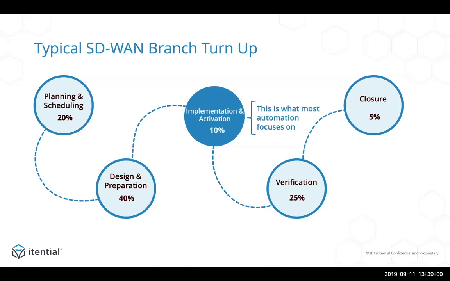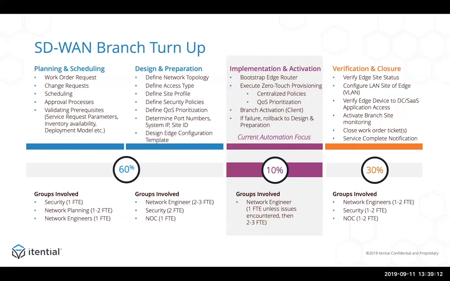So when we think about the details that go into turning up a branch, and that's represented on the top, I won't go into each of these. You can see them there. But if we broke it into those 4 categories, a whole lot of effort goes into that implementation and activation.